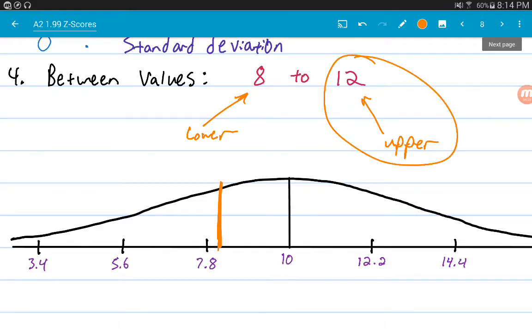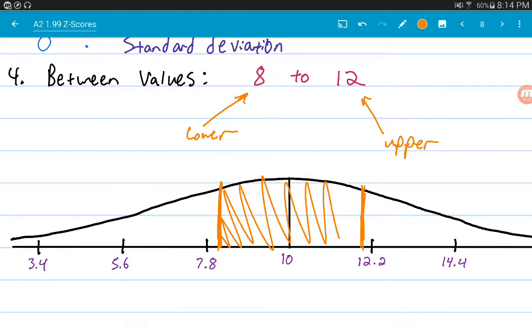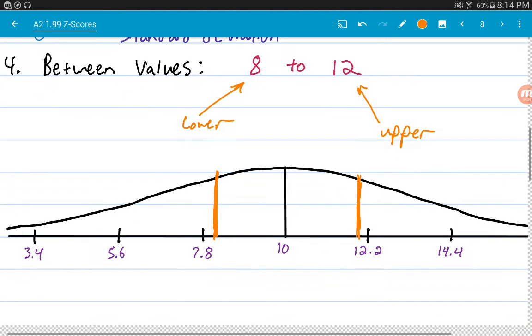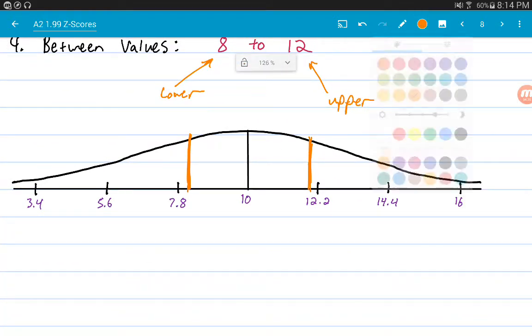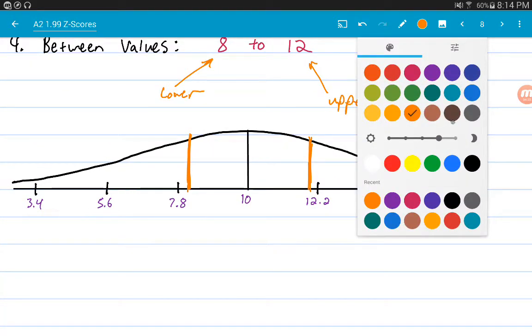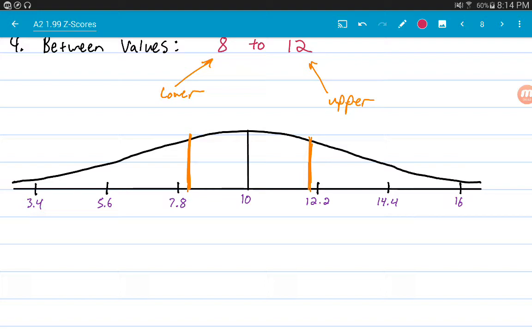And 12, my upper, is going to be right around here. So we want to find out what percentage, what probability falls in this range here. So all you have to do in your calculator, Ti84 people, is hit second vars, go to norm CDF, and it's going to ask you for a couple things.